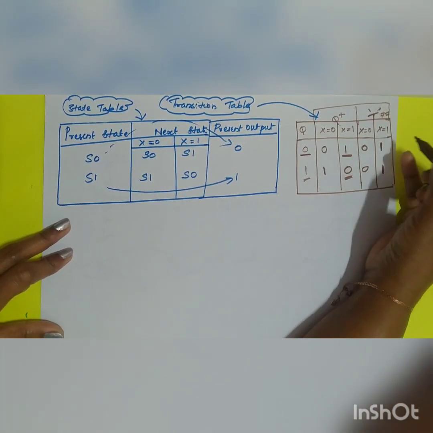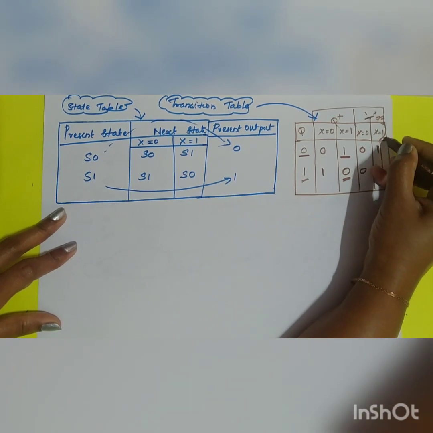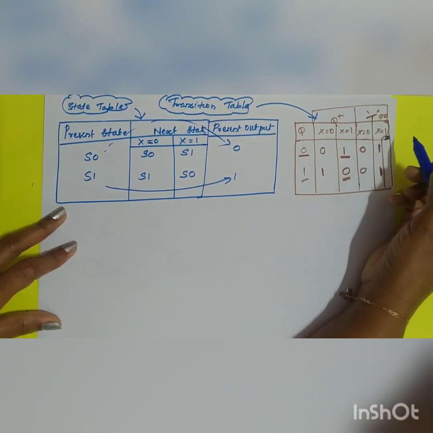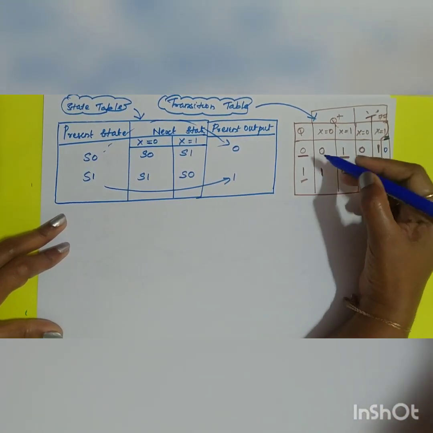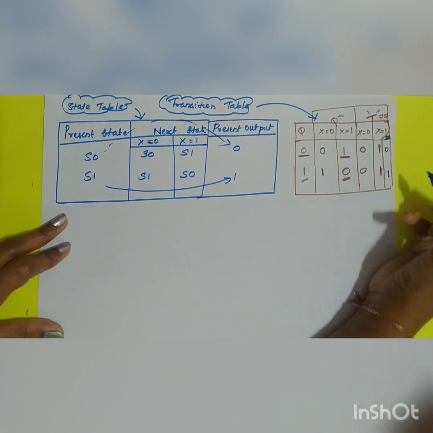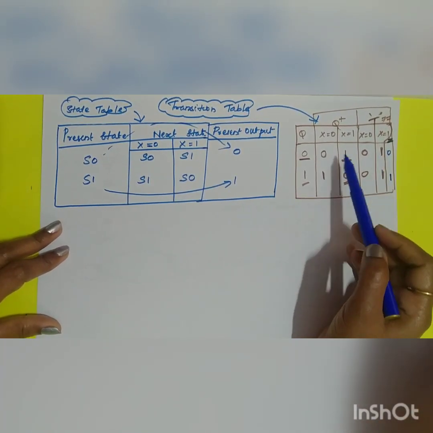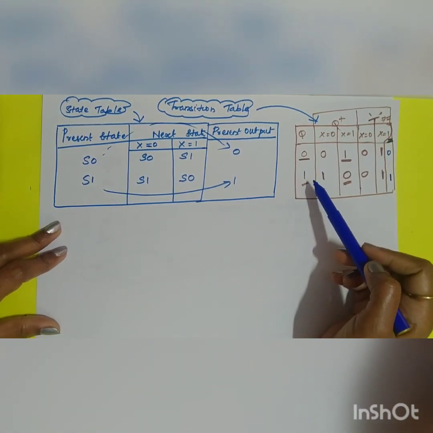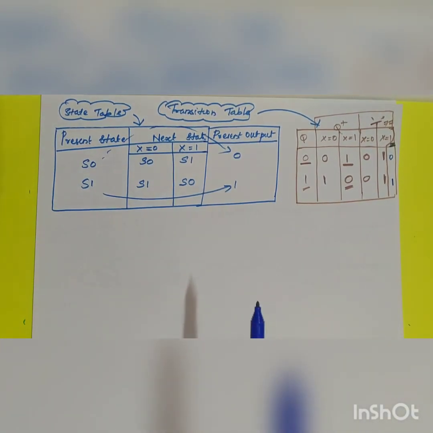If you take one more column as your output, Z will be equal to, depending on your present state, 0 and 1. The overall output will be, if q is equal to 0, your output will be equal to 0. If q is equal to 1, your output will be equal to 1. So this will be your transition table.